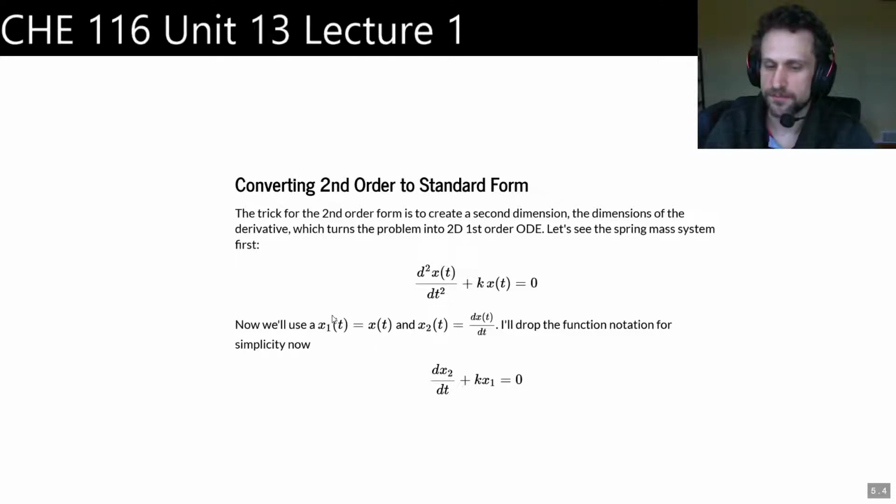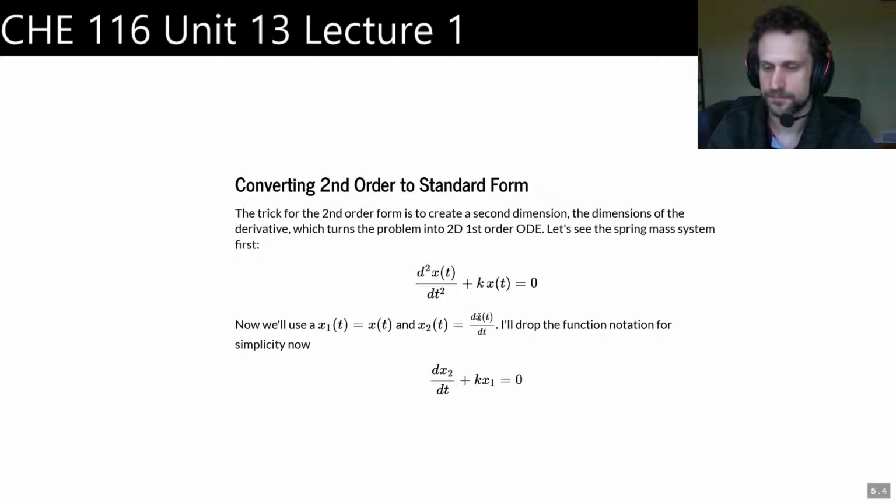So the trick is that the first dimension is our normal dimension, and the second dimension is the first derivative. By making the second dimension the first derivative, we can rewrite the second derivative as a first derivative of the first derivative. So basically we take all second derivatives and replace them with first derivatives of our new dimension.